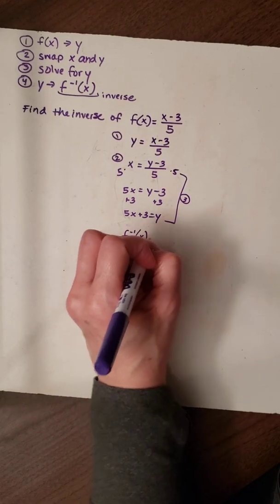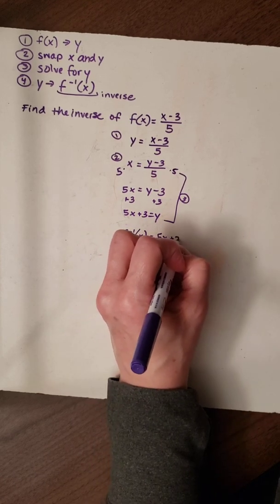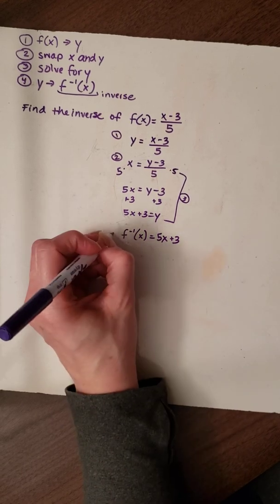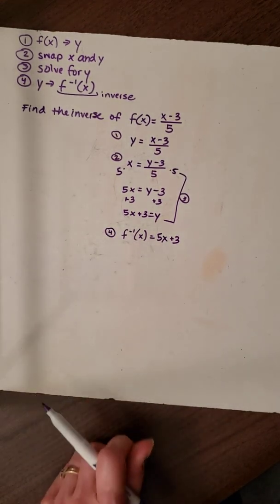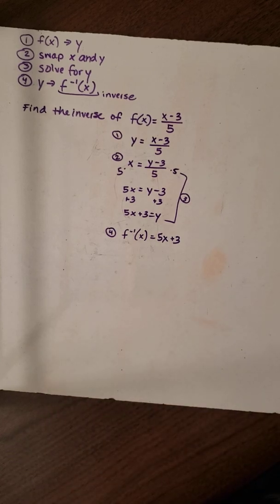And we always write that first, so we'll just use the symmetric property and flip it around. f inverse of x is 5x plus 3. That's step 4. So your problem solving can be that quick and that simple. Is it always going to be quite that fast? Maybe not, but it can be.